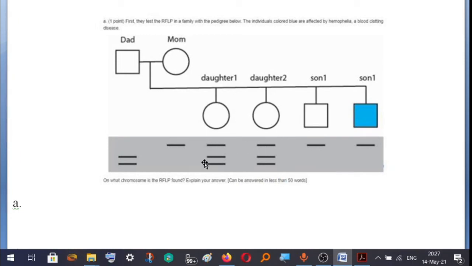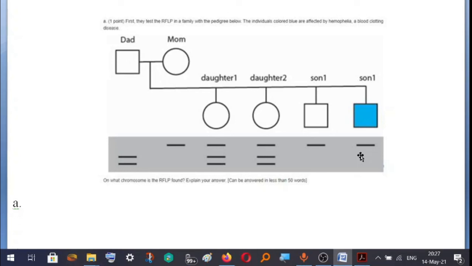However, we find that the DNA banding pattern of daughter and son are different. So this tells us that the SNP of interest is not located on autosomes. So this leaves us with sex chromosomes.